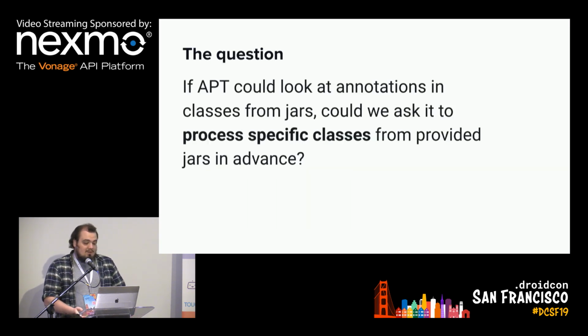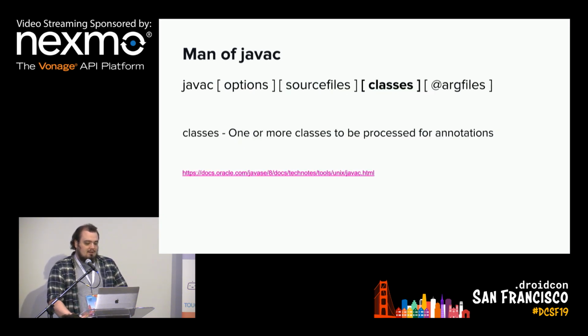So Java compiler processes source files and class files. What if Java annotation processing could process class files from dependencies too? And apparently it can. A few months ago, I found this unknown, at least for me, section of javac documentation.